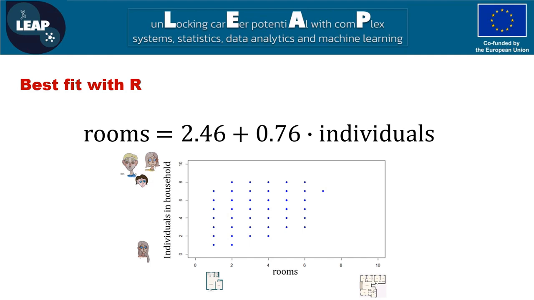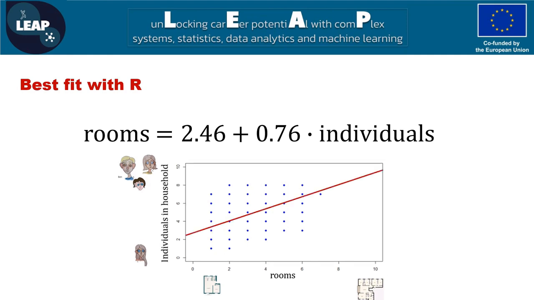It says that the number of rooms is equal to 2.46 rooms plus 0.76 multiplied by the number of individuals in the household. And this is how the fitted straight line looks. We see here that the number of rooms for a household without any members is 2.46, and this may look a little bit strange.